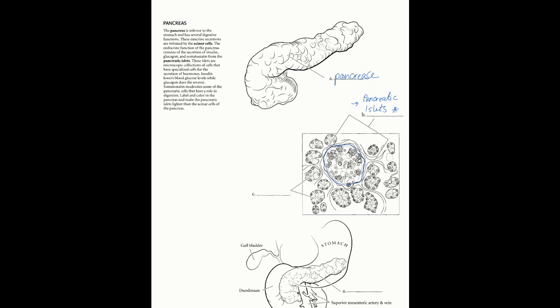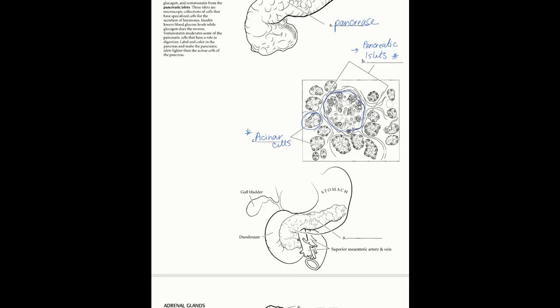I note this because the second type of structure here in our pancreas is an acinar cell. And the secretions of our acinar cells are actually going to be exocrine, which means that instead of being secreted in between cells, the secretions are going into a duct.